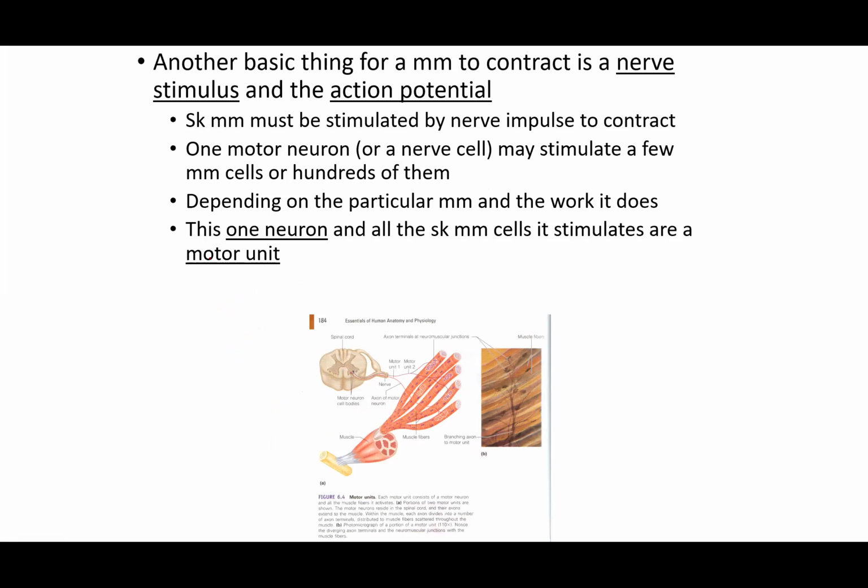For muscles to contract, that whole complicated process is called an action potential. So skeletal muscle must be stimulated by a nerve in order to contract.